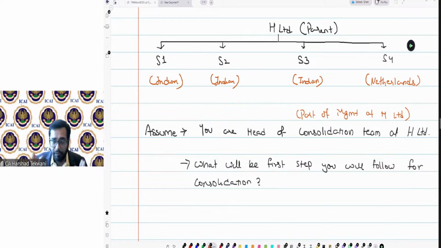See, if you want to prepare consolidated financial statement, you need to consolidate the number. You need to do the consolidation. So what will be the first step you will follow for consolidation? Not like these are the steps for preparing consolidated financial statement. I'm talking about consolidation. What you will do? How you will consolidate?